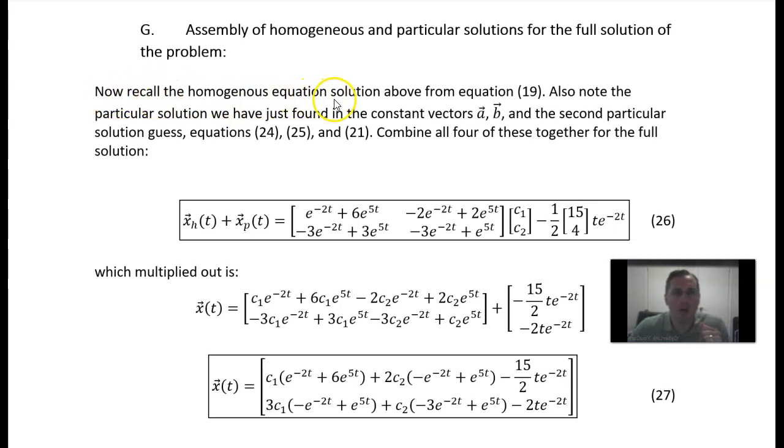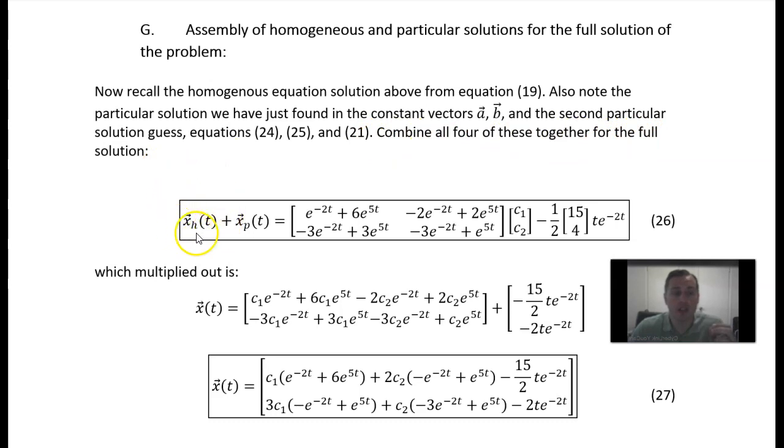So recall the homogeneous solution from equation 19, that was much earlier, that involved the matrix exponential. Also note the particular solution we have just found, in the constant vectors a vector, b vector, and the second particular solution guess using the method of undetermined coefficients. Those are equations 24, 25, and 21. Combine all four of these together in the full solution.